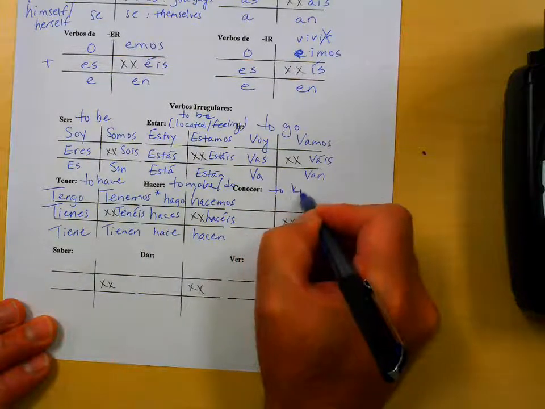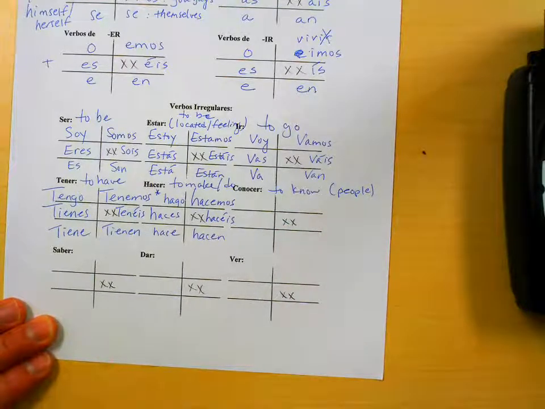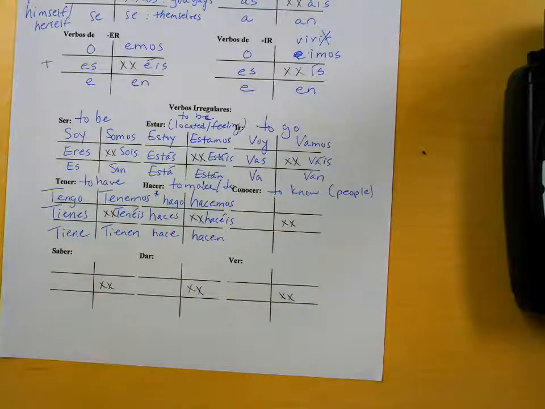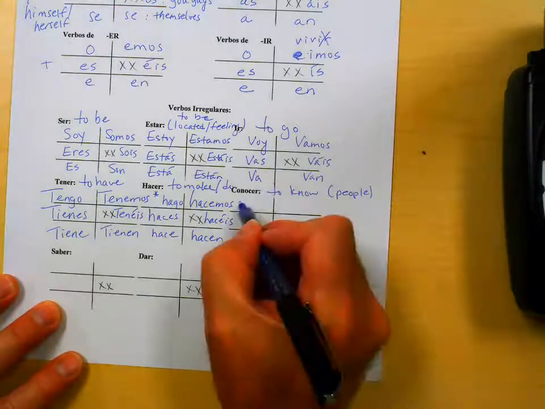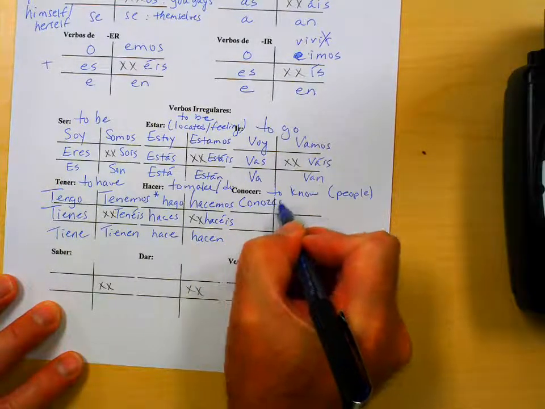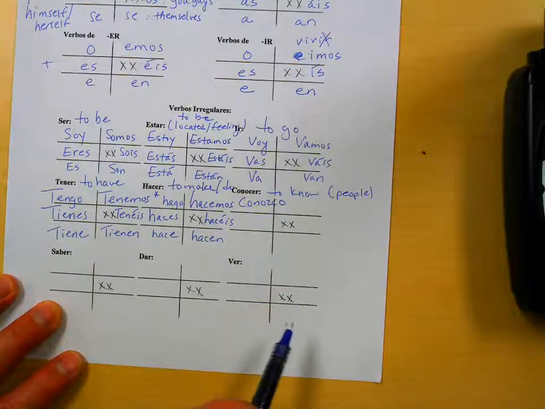Conocer is our verb to know, as in people. And remember, guys, if I'm going too fast for you, you can always pause it, stop it, catch up, and then continue on with the video. This is what we call a ZCO verb. It ends in ZCO in the yo form. So we get conozco. And we're going to talk about this verb quite a bit throughout the first chapter here.